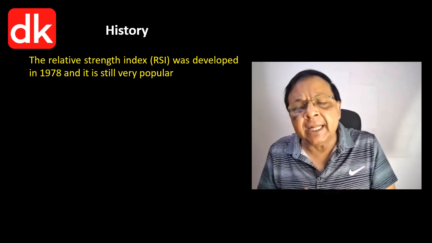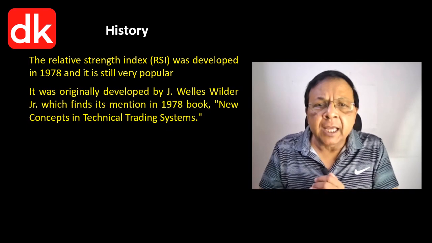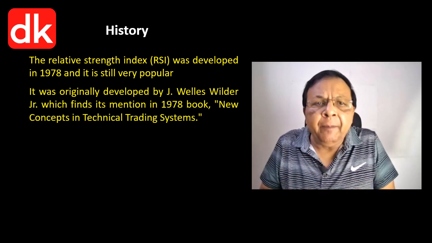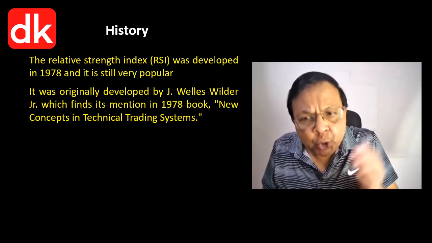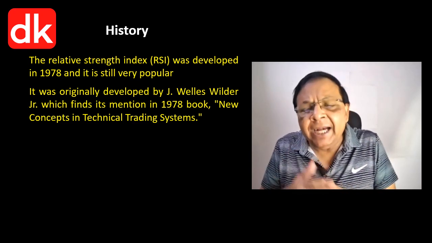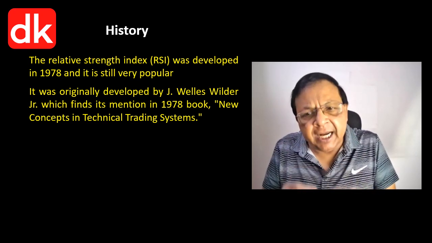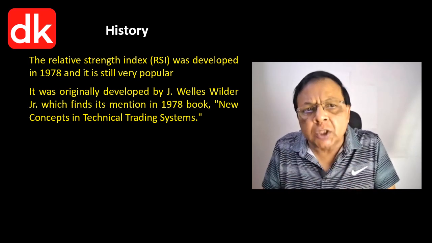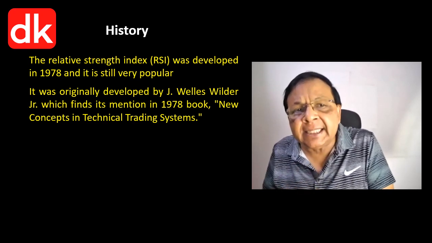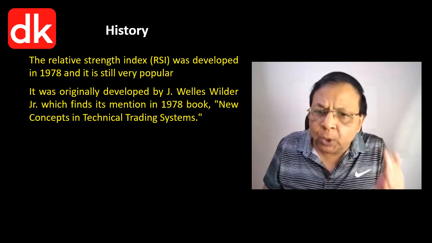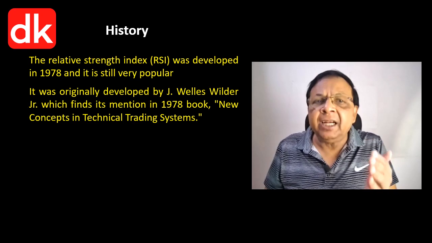The Relative Strength Index was developed by J.W. Wilder Jr., and finds its mention in his classic book written in 1978, New Concepts in Technical Trading Systems. So it was originally developed by J.W. Wilder.